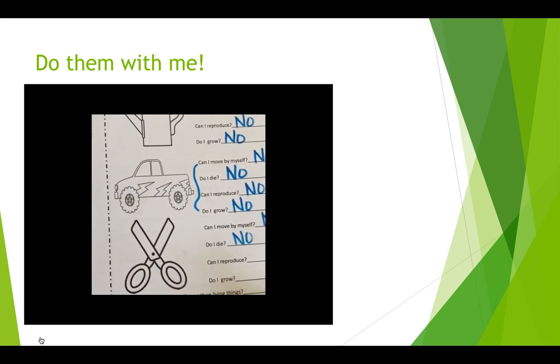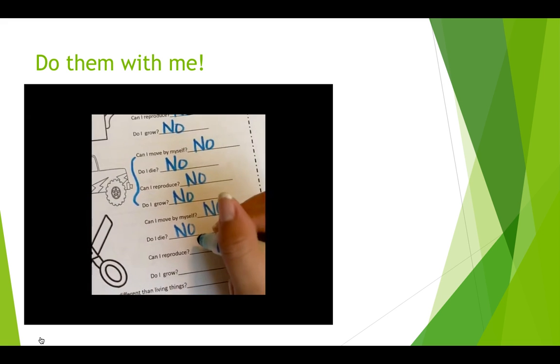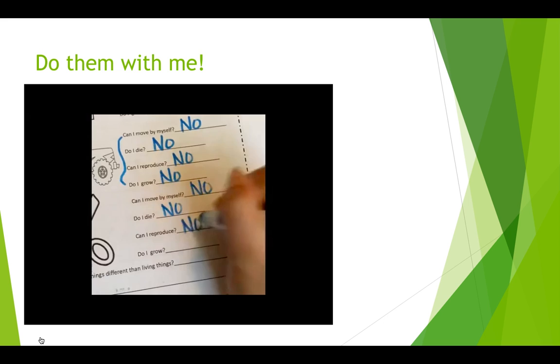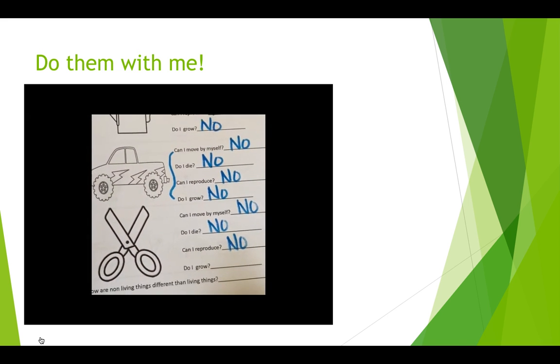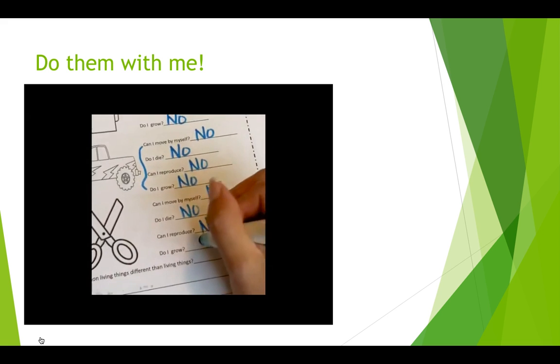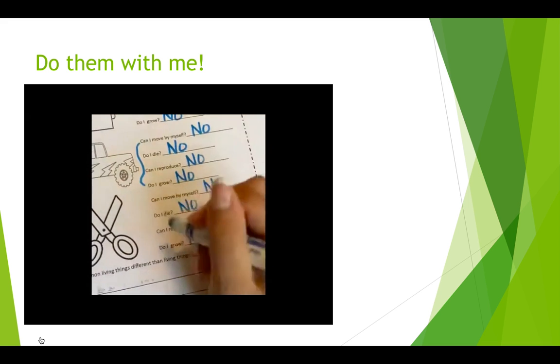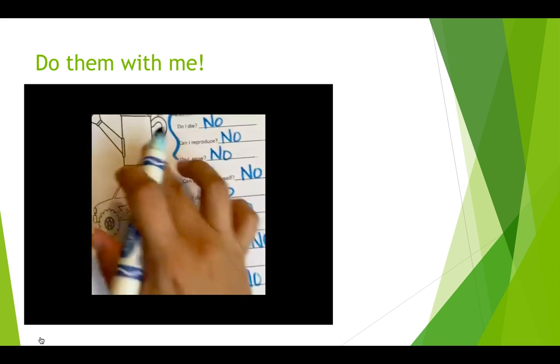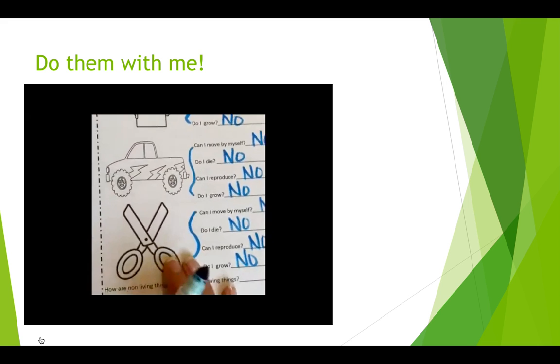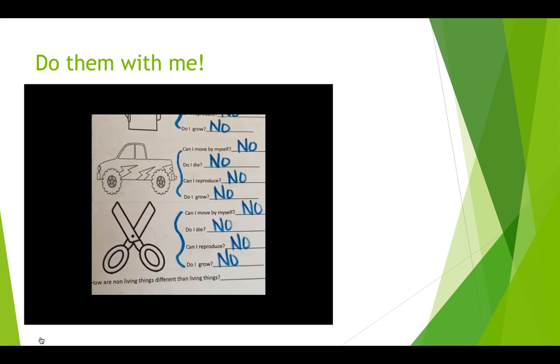Can it make more scissors? No, the scissors cannot reproduce or make more of themselves. And then can the scissors grow? Do scissors grow, friends? No, they don't. So we're going to put no. So again, we said no to all of these things. And so as we see, these are non living things. They're non living things. That means they're not alive.